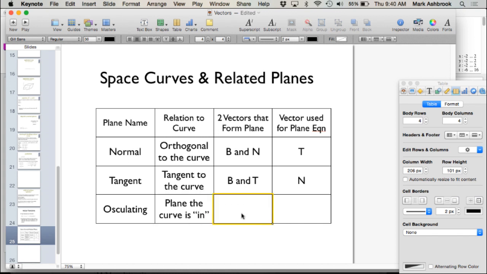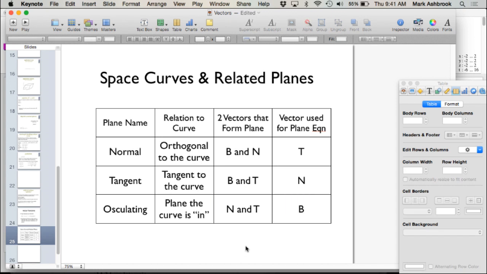It's made up by N and T, and the osculating plane we write with the binormal vector because it's orthogonal. So make sure you don't just memorize all these words, but that it makes sense with the image that I drew on the previous screen. Okay, so let's practice this. I'll give you a second to write it down.